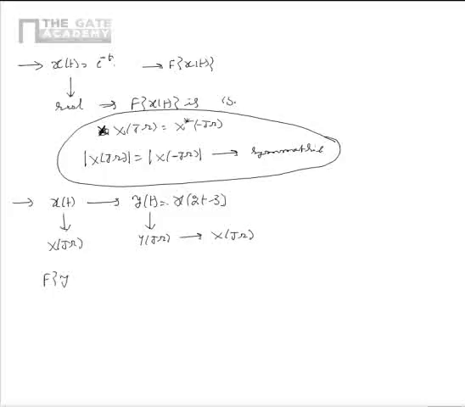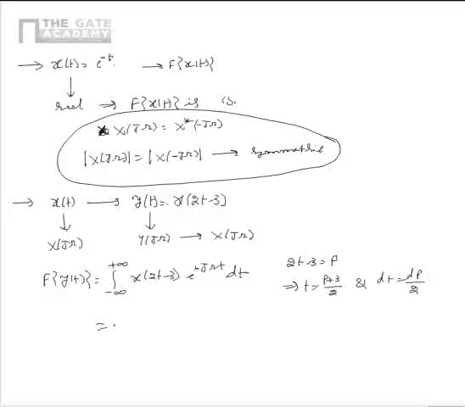We can find the Fourier transform of y(t) as the integral from minus infinity to plus infinity of x(2t - 3) e^{-jωt} dt. Substitute 2t - 3 = p, that implies t = (p + 3)/2. Also note that dt = dp/2.